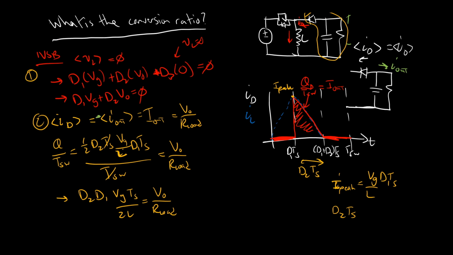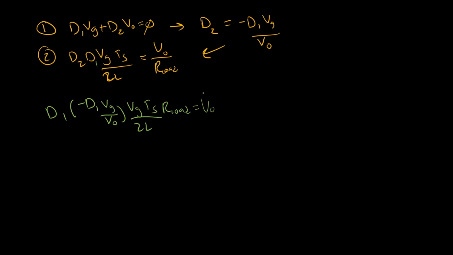So we have a minus sign here, and that is important. So this is equal to minus V out over R load. Great. And that's good because these minus signs cancel, so this cancels with that. And we get a nice positive equation. So simplifying, D1 squared, VG squared. And I'll bring the V out over to the other side.